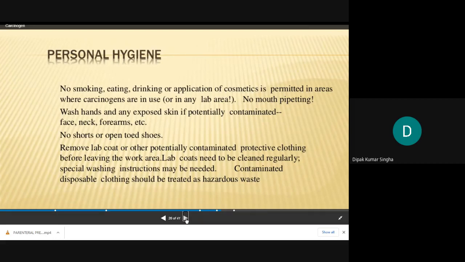The lab coat needs to be cleaned regularly, and special washing instructions may be needed, and contaminated disposable clothing should be treated as hazardous waste. So these are personal hygiene measures, and you can use some clothes to cover the body. I think it will reduce your contamination by carcinogens.